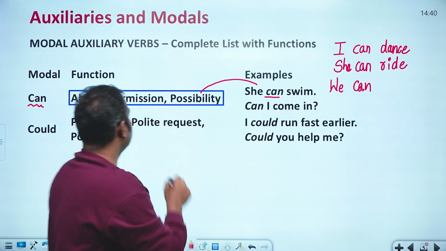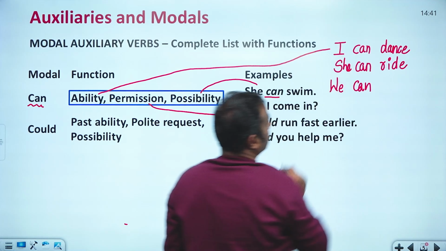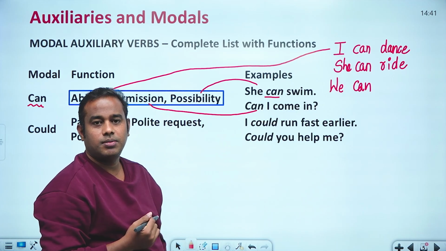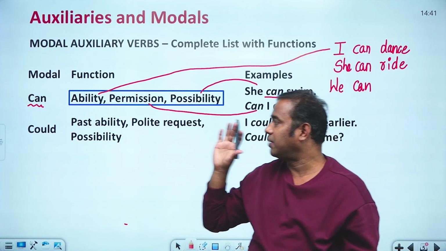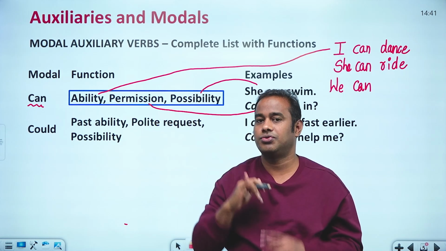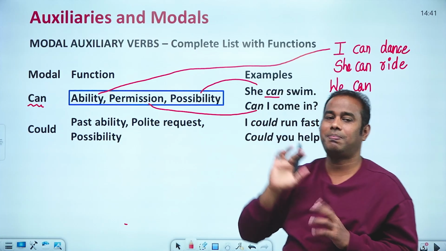Can I come in is asking permission. Ability means, for example, I can dance. It is a simple sentence. Likewise you should be able to form a sentence and remember it. So can is used for ability, permission, and also possibility.